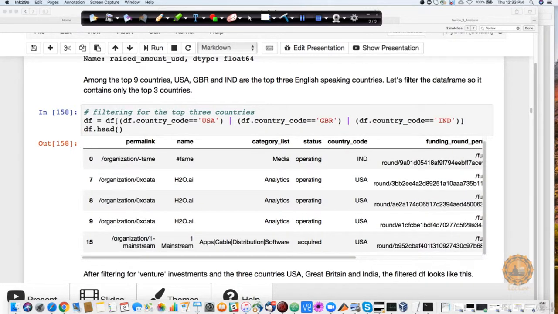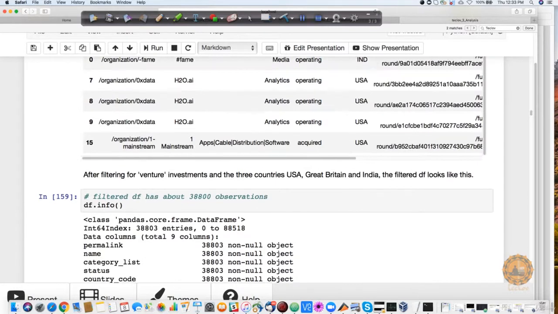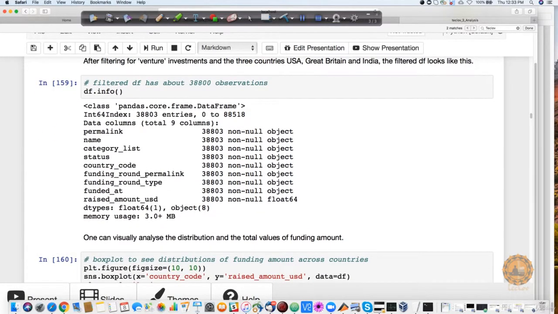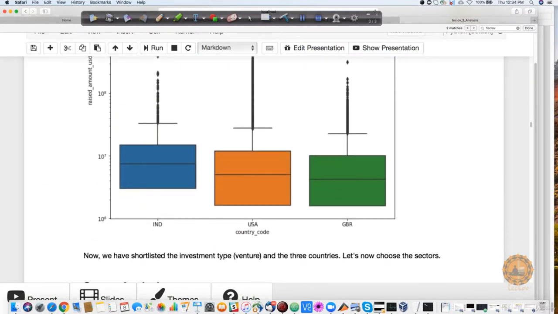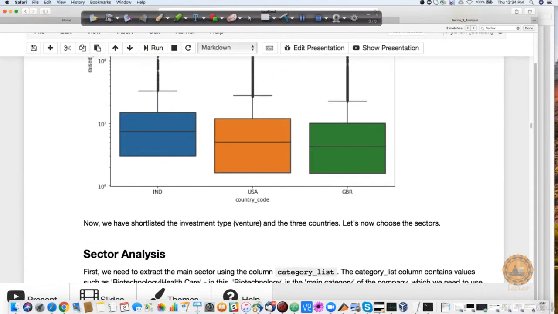We have pulled out only the data for English speaking countries. Let's look at the data frame information. Now we are left with 38,800 rows. This looks good. You can plot it for all these three countries to see how the investment is flowing in these top three English speaking countries.